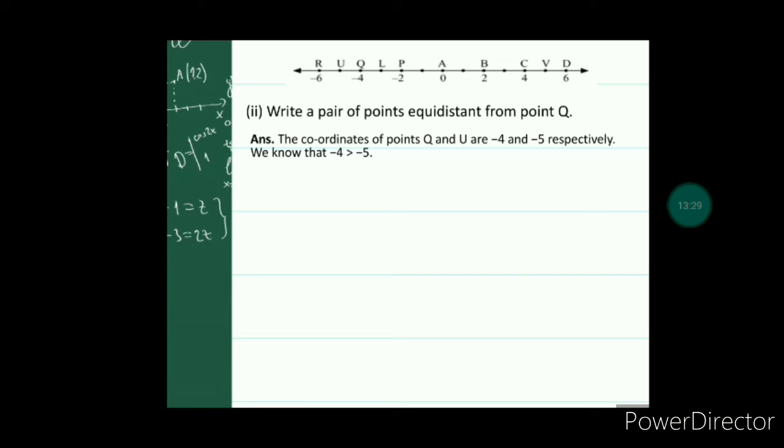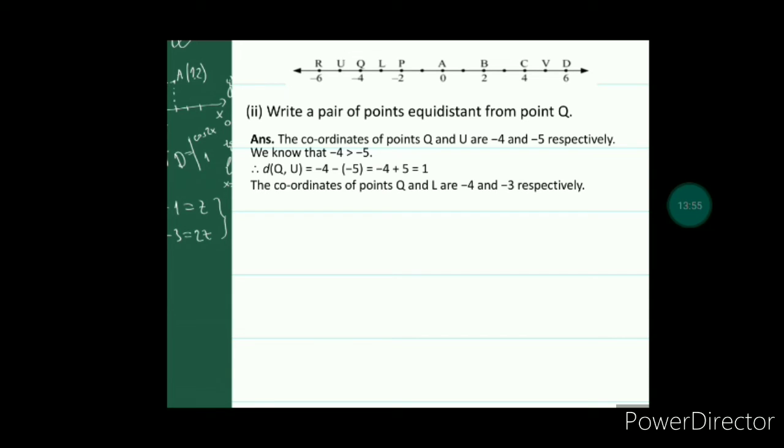We know that -4 is greater than -5. Therefore, distance QU equals -4 minus (-5), which is -4 plus 5, that is 5 minus 4, equal to 1.